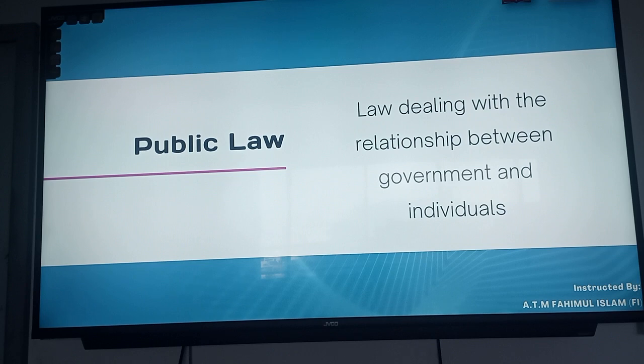Constitutional law is established by the government, by the constitution usually, and we can say that it is a public law. Some administrative law, criminal laws and tax laws are very good examples of public law. So it is the law dealing with the relationship between government and individuals.